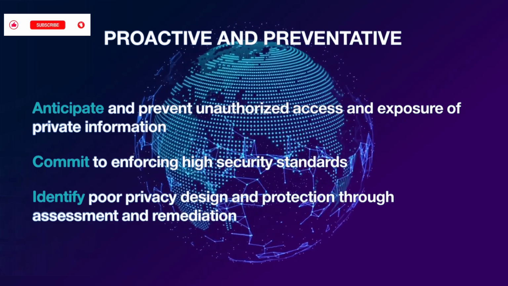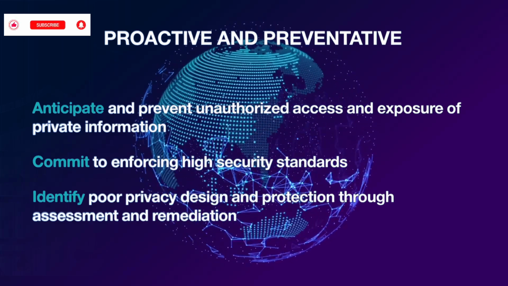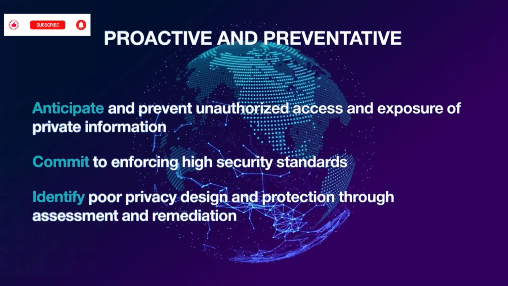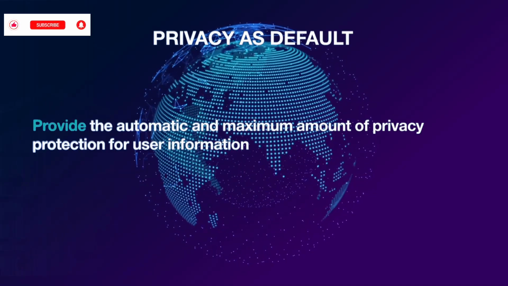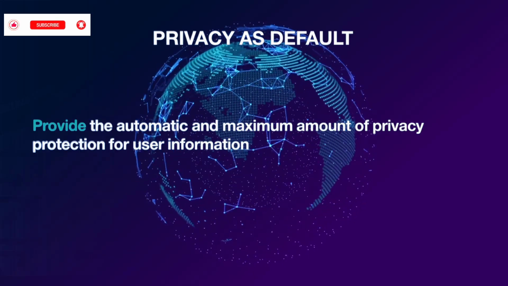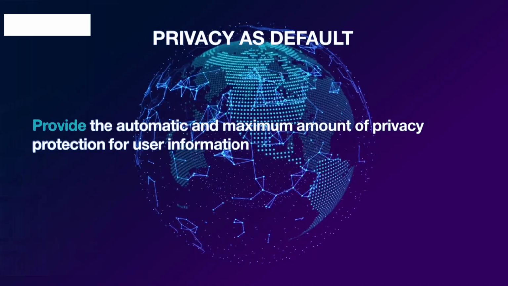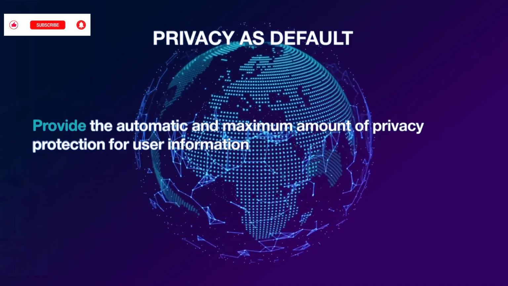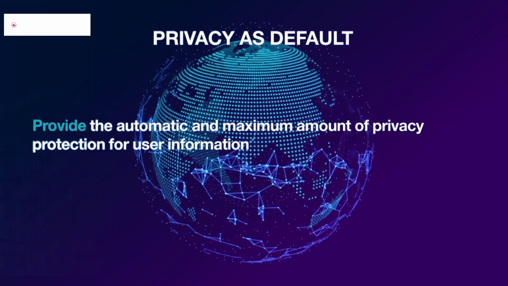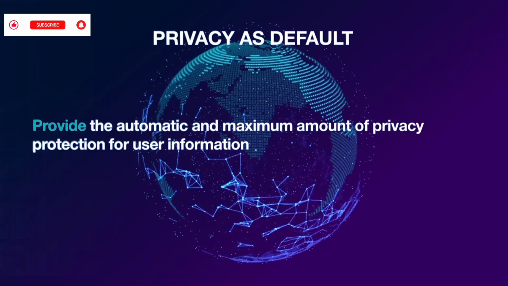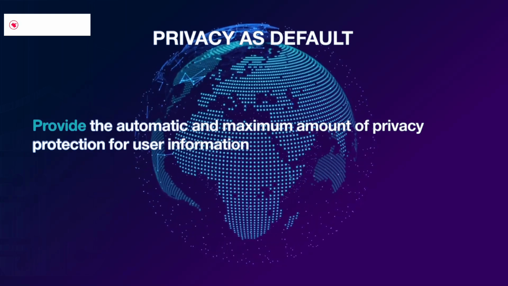Privacy as default. This is where we are providing the automatic and maximum amount of protection for the privacy related data. We are talking about the actual collection of data, how we are collecting it, making sure that we are only collecting what we need to collect, and that we are following fair information practices and defining the purposes, the scope, the limitations and the retention of the particular data.